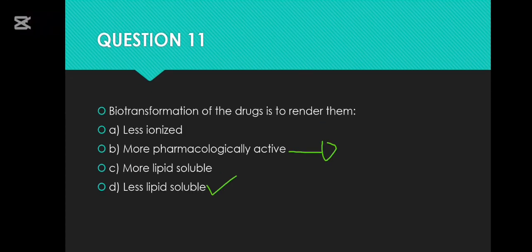So I think we've answered: the answer is less lipid soluble. And the reason why B is wrong, as we've seen in this MCQ, is that it says more pharmacologically active. No, you can't make a drug more pharmacologically active through metabolism, but you can activate the drug. When we are activating the drug, we mean it was inactive. That is the key point there.